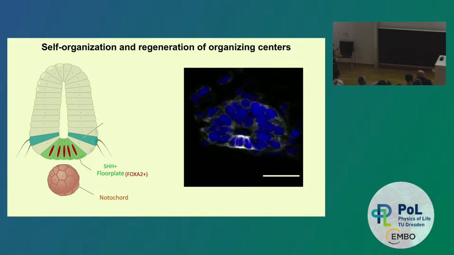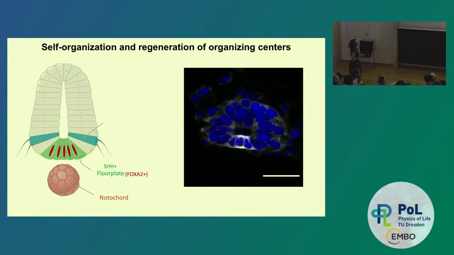And so we became interested in how you may be able to form a floor plate without the classical inducing center. We've done some work on the axolotl spinal cord, but that got us interested in asking whether we could reproduce such non-notochord mediated floor plate generation from mammalian neural stem cells.